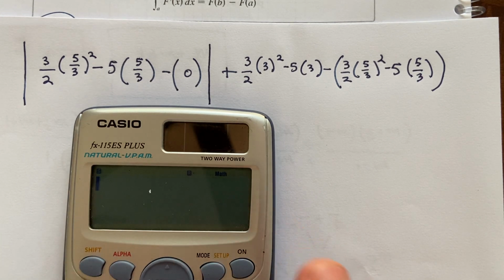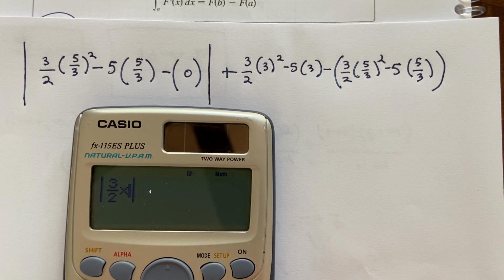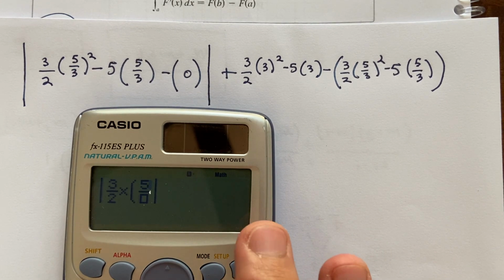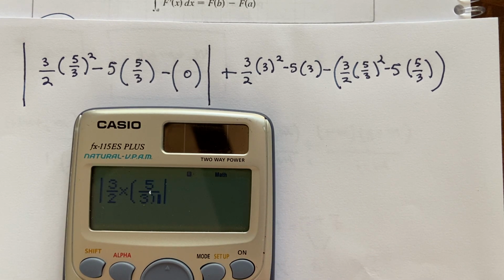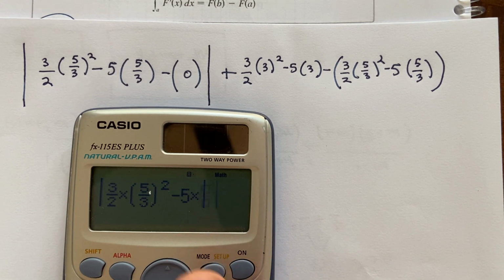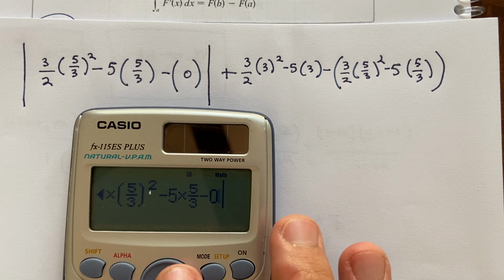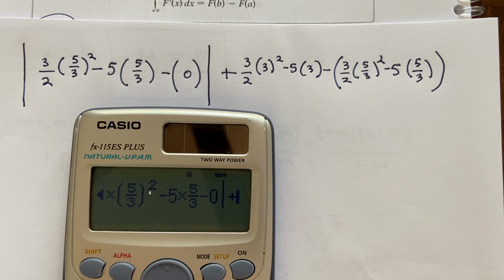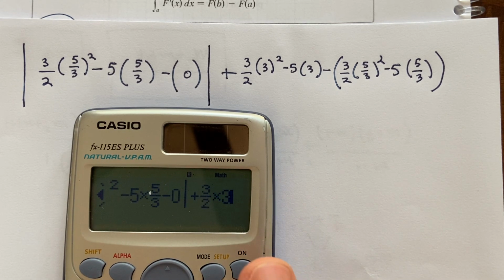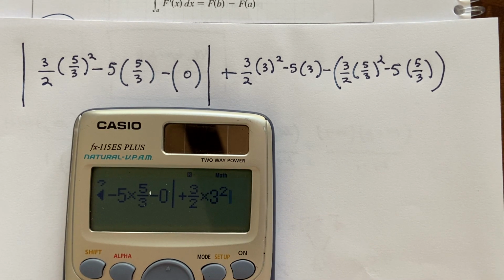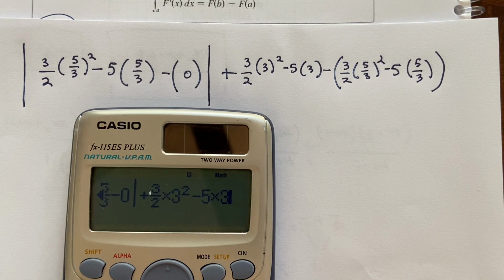So absolute value, 3/2 times 5/3 squared minus 5 times 5/3. I'll go ahead and type minus 0 just because it's there. And then plus, outside of that absolute value, 3/2 times 3 squared minus 5 times 3.